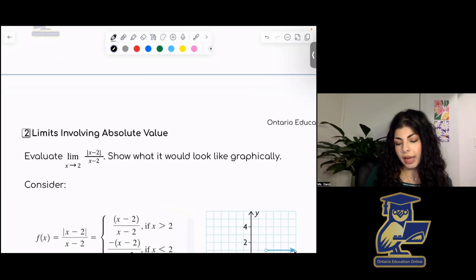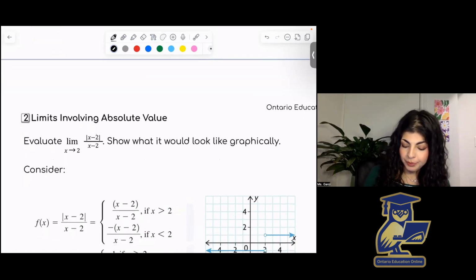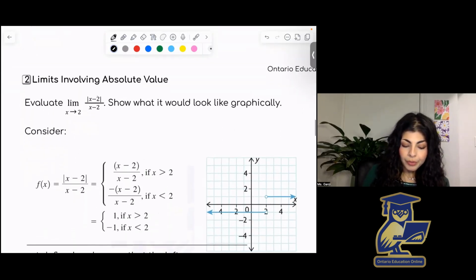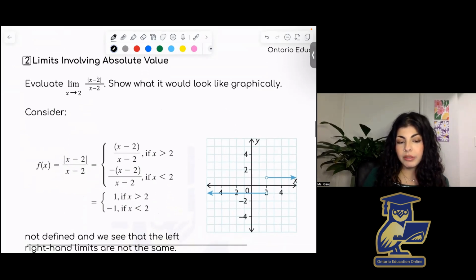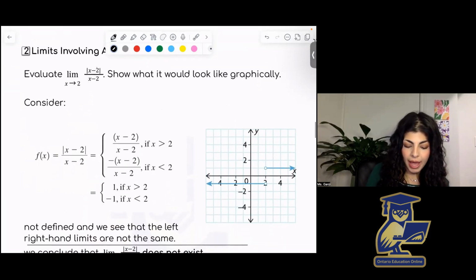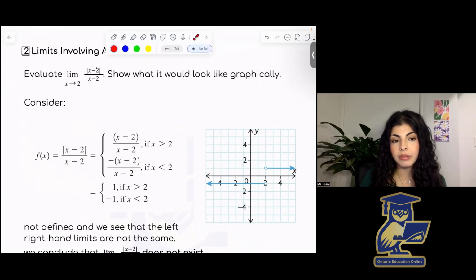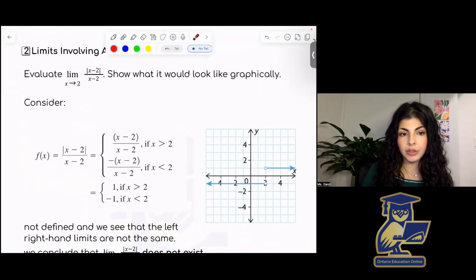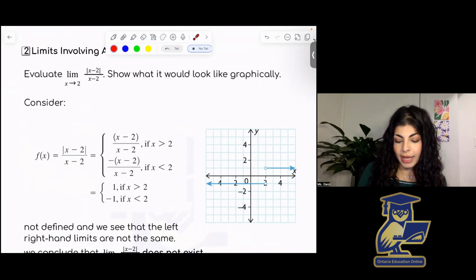And we're also going to then make connections to the graph of this. So consider this, we're going to define it as a function f of x, which is defined as such. So here we have to analyze if x is greater than 2, as well as when x is less than 2.